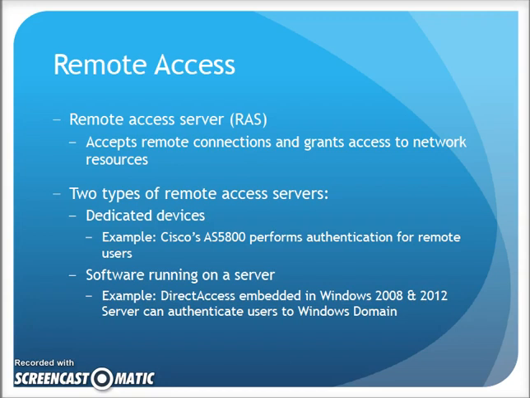So for remote access, one thing I need to worry about is how I'm going to get access to things. A remote access server accepts remote connections and grants access to network resources. I was just talking from an admin point of view, but from a user point of view, if you have a user at home and you want to allow them access to their files and resources at work, I would need to set up a server for people to get access to.